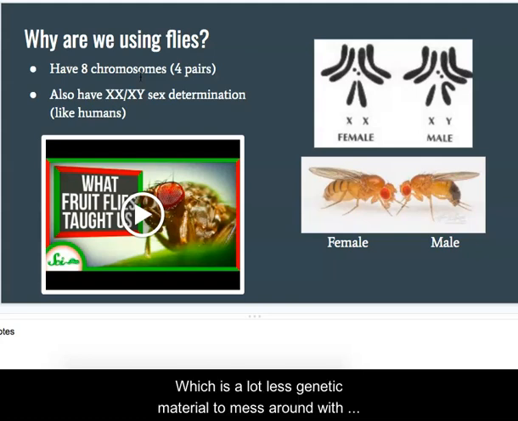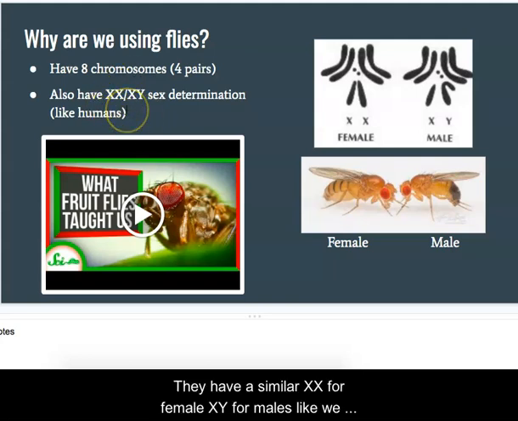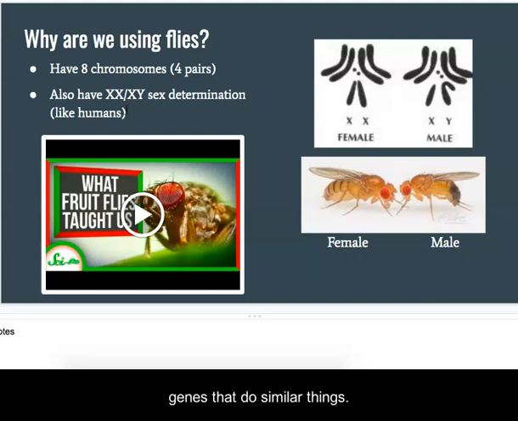Which is a lot less genetic material to mess around with, so it's easier to do things with. They have a similar XX for female, XY for males, like we do as humans, so we can take information from there. And we actually have a lot of similar genes, or genes that do similar things between humans and fruit flies.